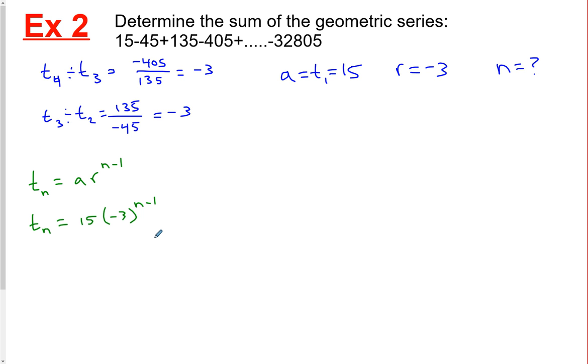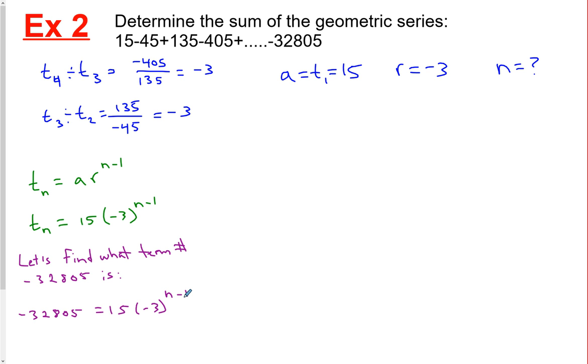So let's sub in. Okay, so we're going to sub negative 32,805 into our general term, and we're going to try and solve for n.